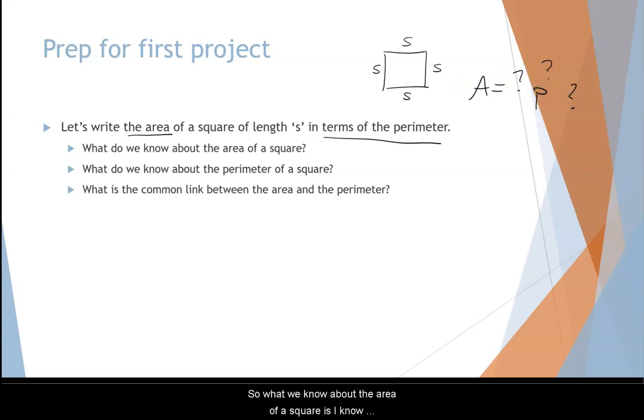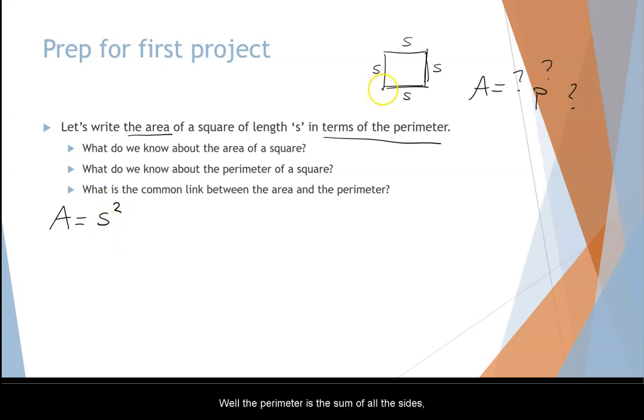So what we know about the area of a square is that the area is the length times the width, of any quadrilateral, really. So the area is going to be S squared. That is not in terms of P. Well, what do we know about the perimeter of a square? The perimeter is the sum of all the sides.